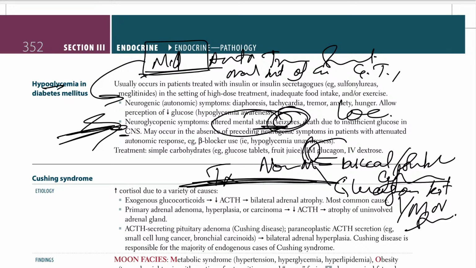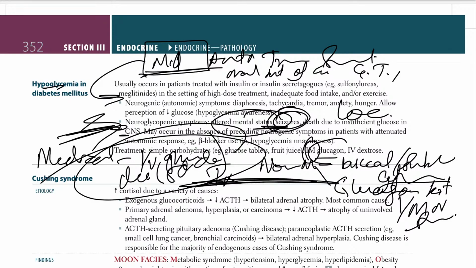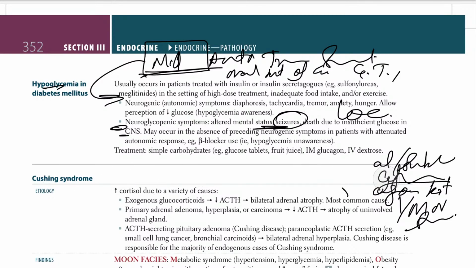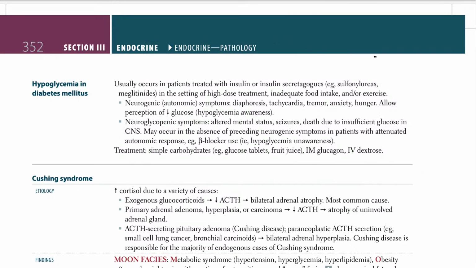But in medical settings, for example in the hospital or ER, you are just going to give IV glucose, which is dextrose, 50% dextrose. Glucose is dextrose, okay?